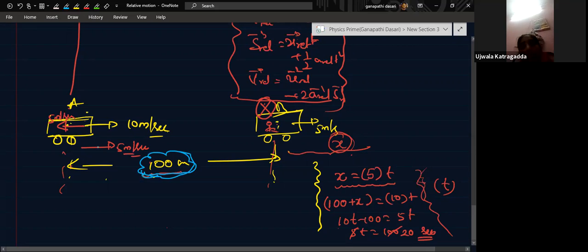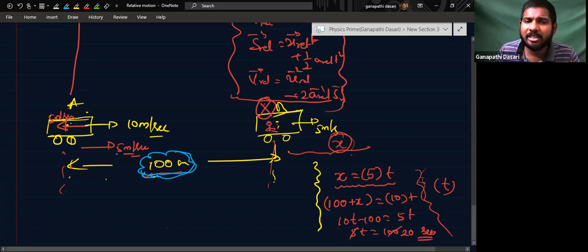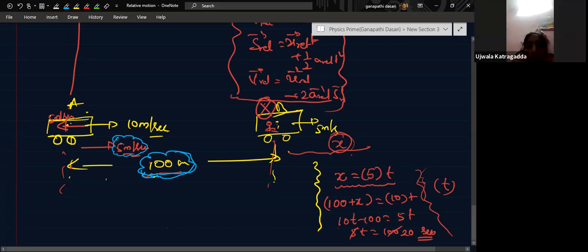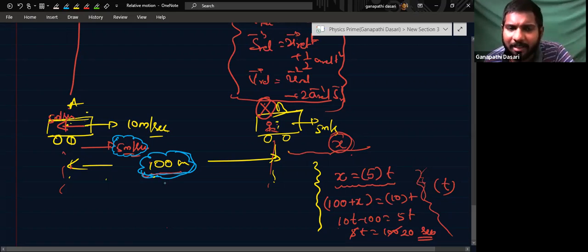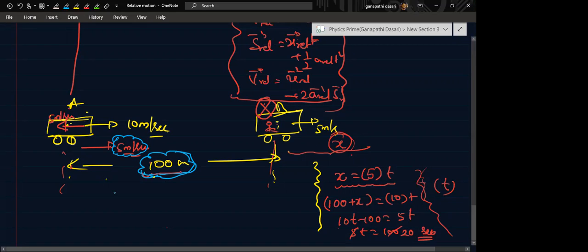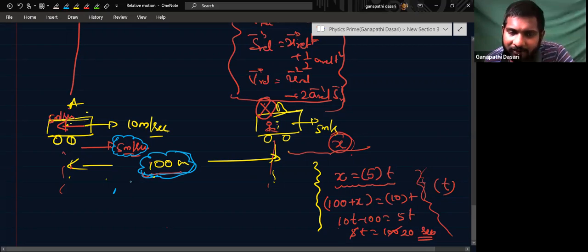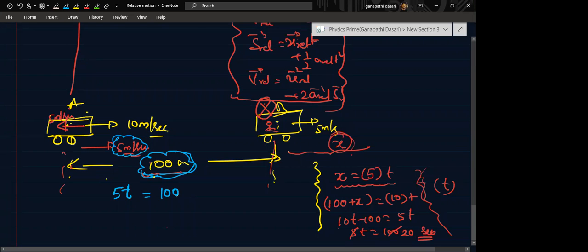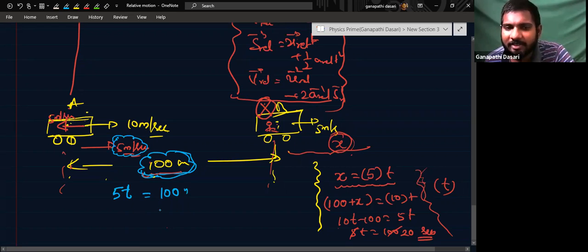A is going with velocity 5 meters per second. It has to travel 100 meters, isn't it? So 5 into t, velocity into time, is equal to 100 meters. So t is equal to 20.